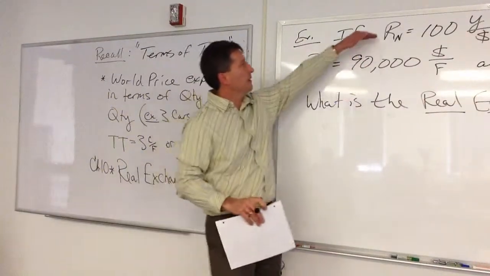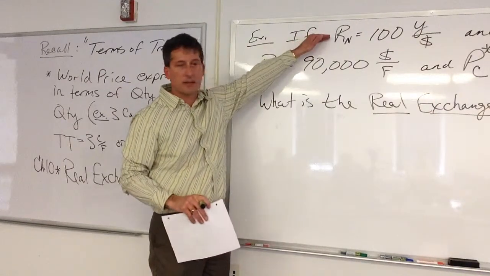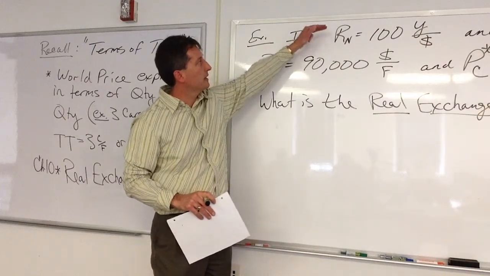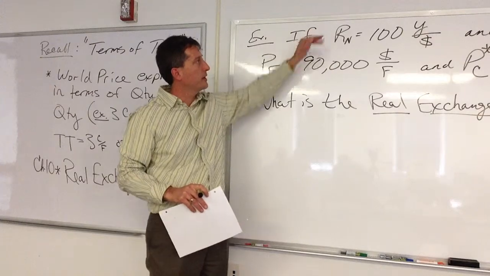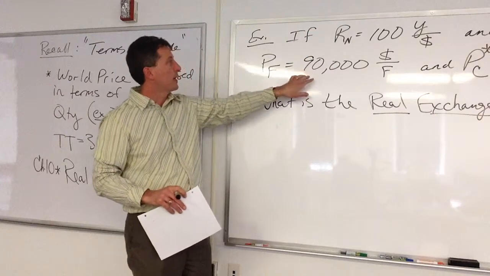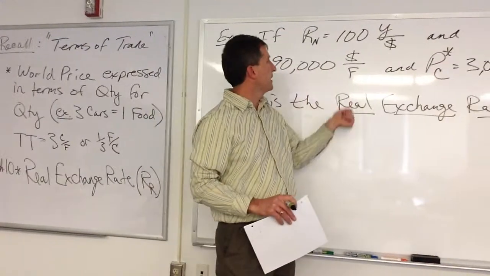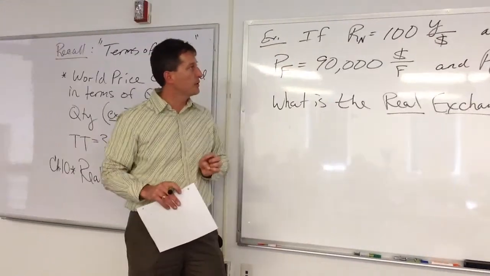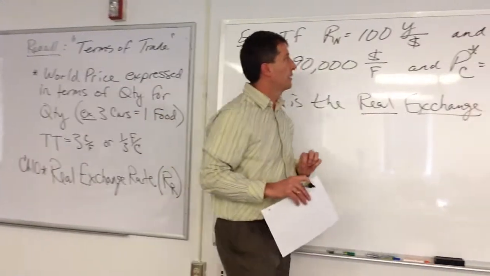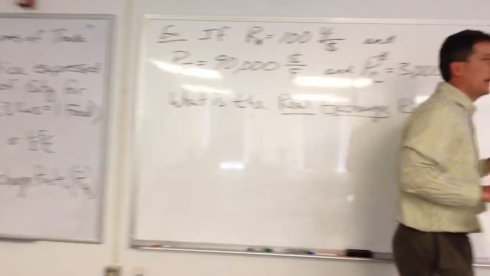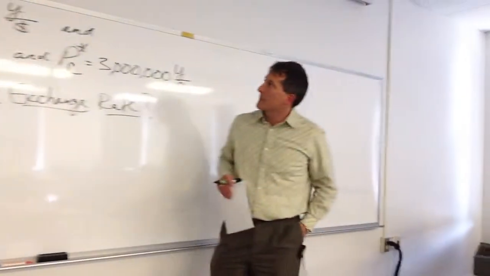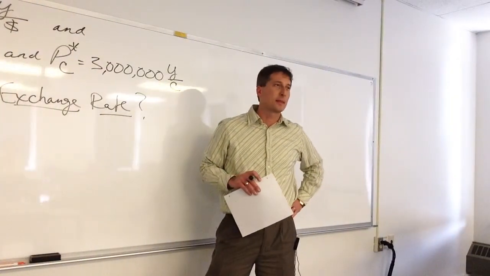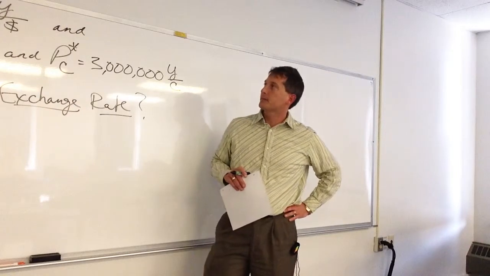So the nominal, the spot rate as well, I haven't used that word yet, but we're going to use that a little bit later. The exchange rate's 100 yen per dollar. The price of food is $90,000 each unit of food, and a Prius runs 3 million yen. So we need to get the price of food in terms of yen per dollar, right?